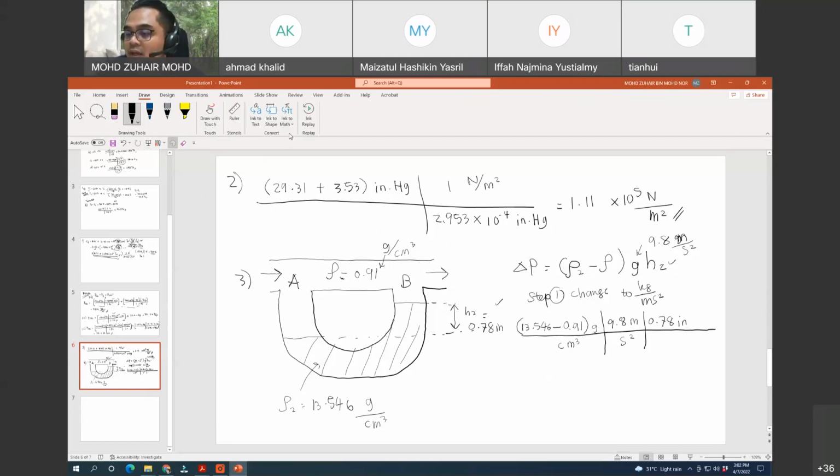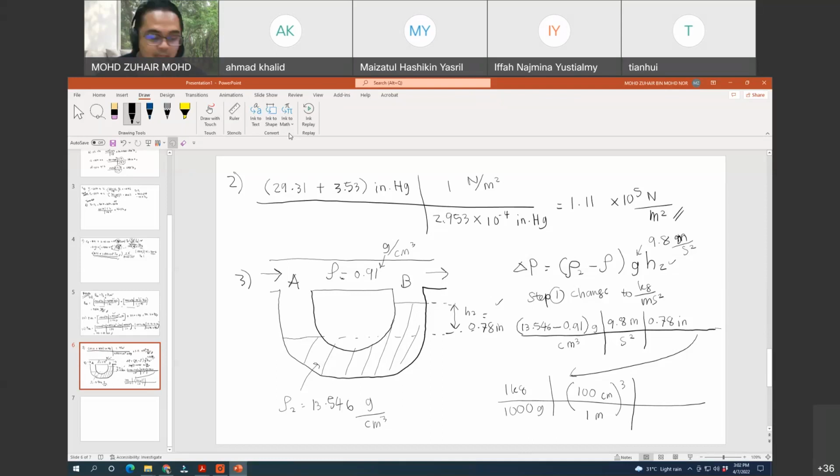So I'll just continue it here. Just going to continue. We need to do some arrangements so that the unit will change. 1 kg equals to 1000 gram, we want to cancel this gram. And then we want to cancel the centimeter cubic here. 100 centimeter is equal to 1 meter, power of 3.